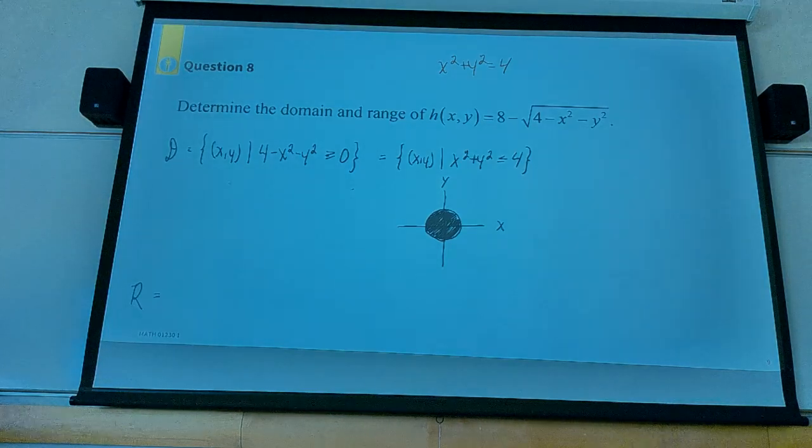So if you look at x squared plus y squared, what is the smallest that can be? 4 minus 0? Square root of 4? 2. 8 minus 2 is 6. And the largest x squared plus y squared is allowed to be would be 4, right? 4 minus 4 is 0, root 0 is 0, 8 minus 0 is 8.